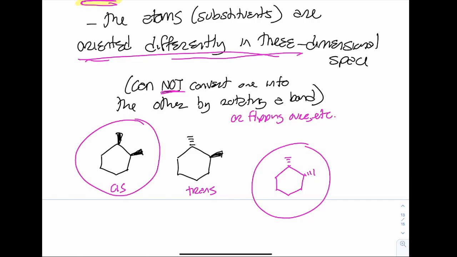Those are not stereoisomers. I don't have to rotate a bond to get one into the other, so they're not conformations. I don't have to detach an atom to get one into the other. All I have to do is take the entire molecule and flip it over. Whether they're both coming out or both going back, it's the same thing, just upside down from each other. So be careful for that.